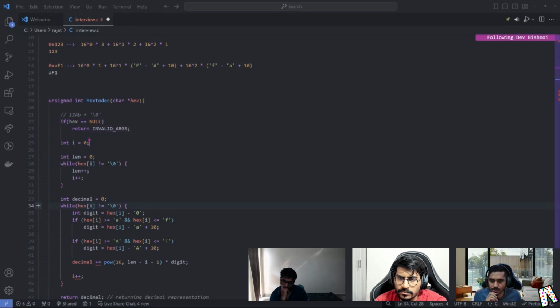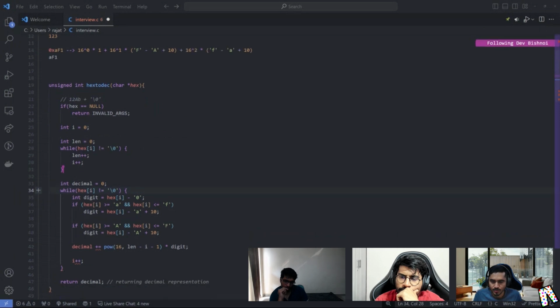So I initialize I with 0, length is equal to 0, and then see if the hex at I, initially I is 0, so the number that it represents is 1, which is not null, so length will be plus plus. So here length is 1 2 3 4, and then when it goes to the null character, it exits without entering the while loop.